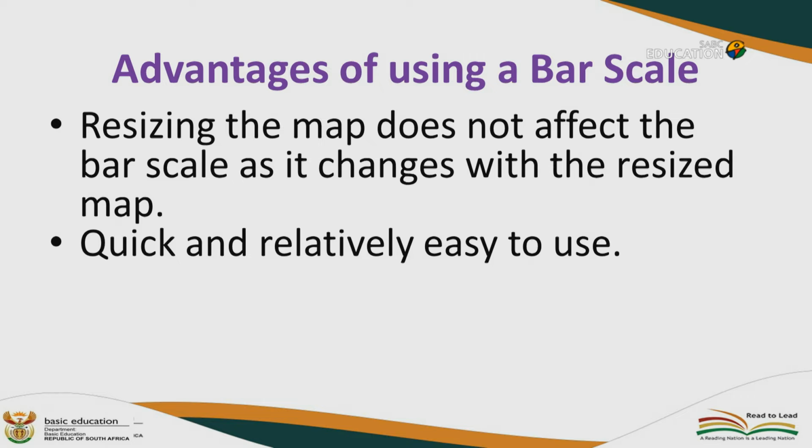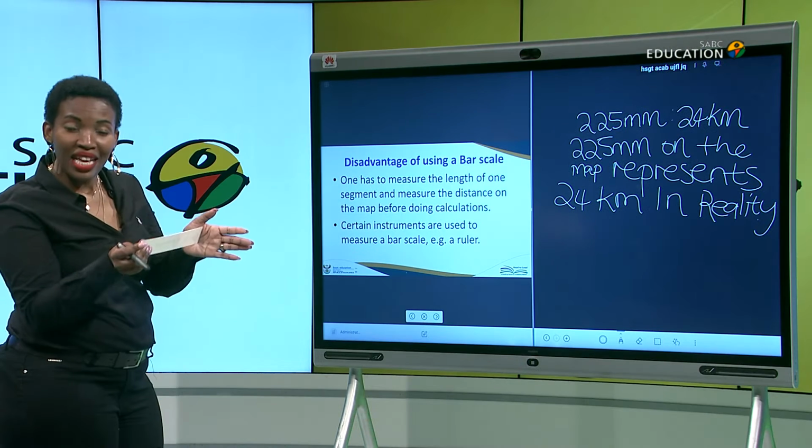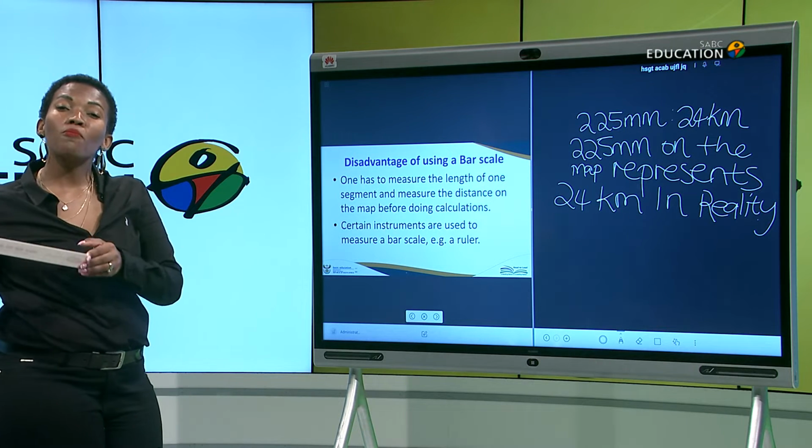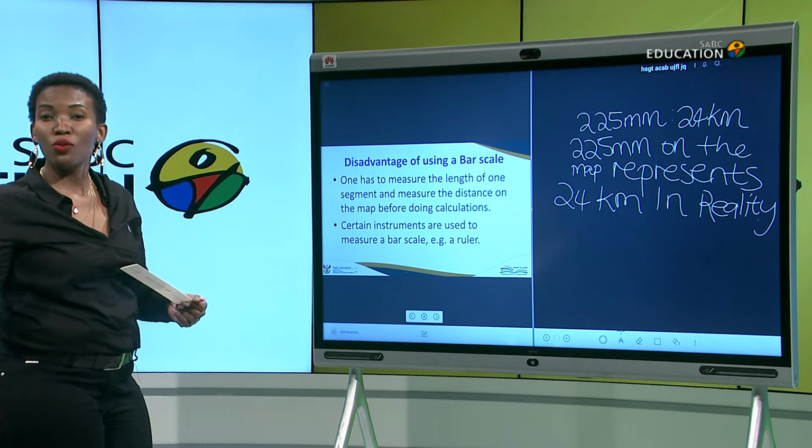And then as much as we have the advantages, we also have the disadvantages of working with a bar scale. One of the disadvantages is that one has to measure the length of one segment. Like you saw in the previous example, you first have to measure the bar scale and then create your own scale. And then after that, you'll have to measure the map distance for you to be able to calculate your actual distance.